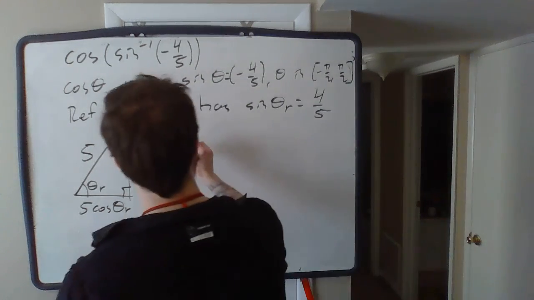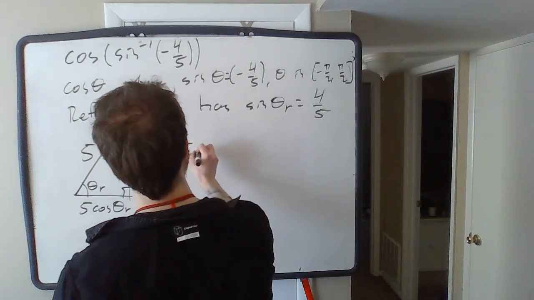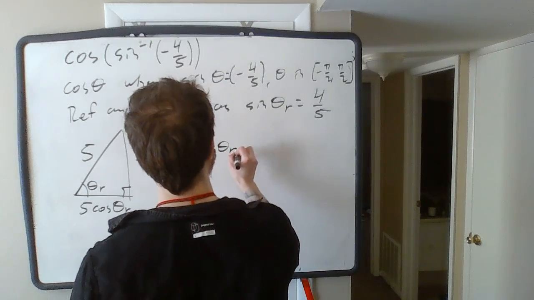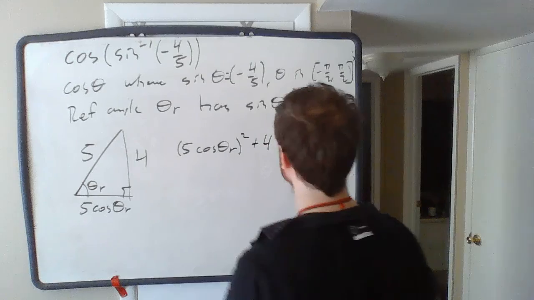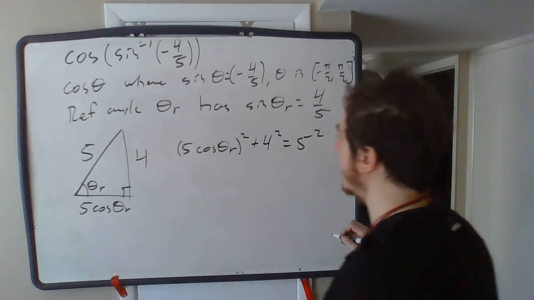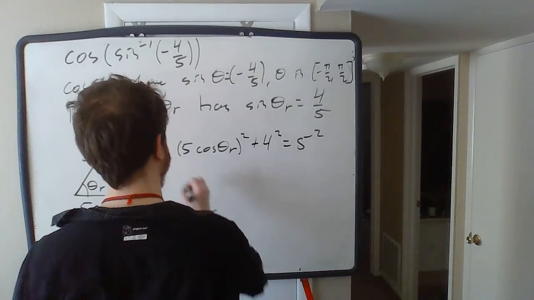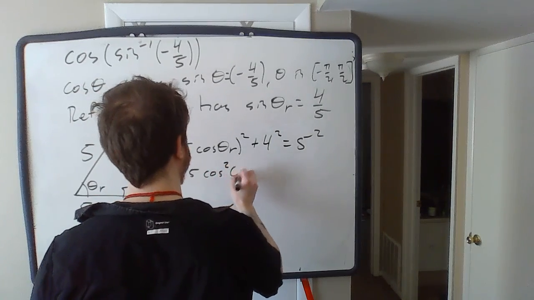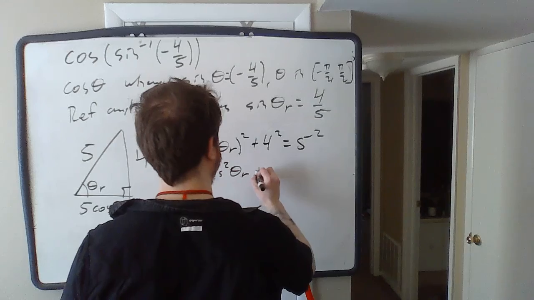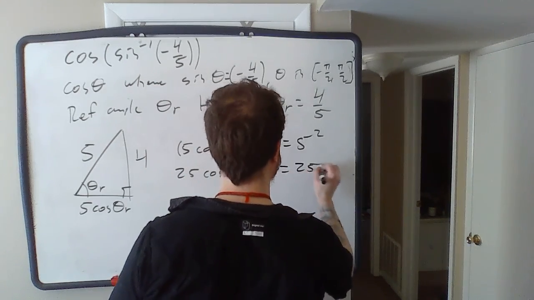Well, using the Pythagorean theorem, we get (5 cosine theta r) squared plus 4 squared equals 5 squared. This means that 25 cosine squared theta r plus 16 equals 25.